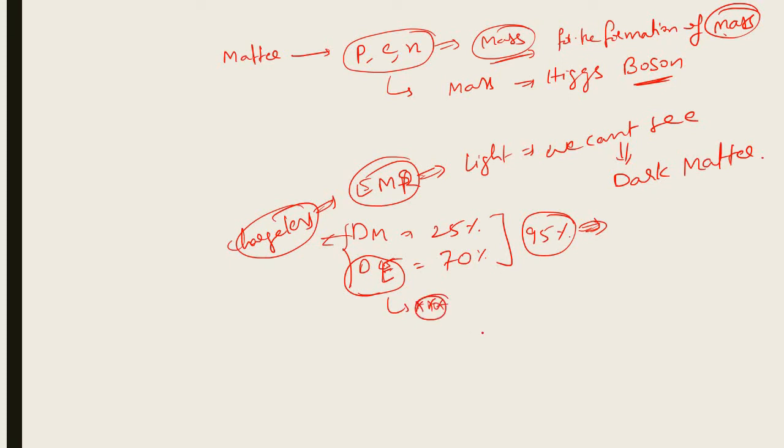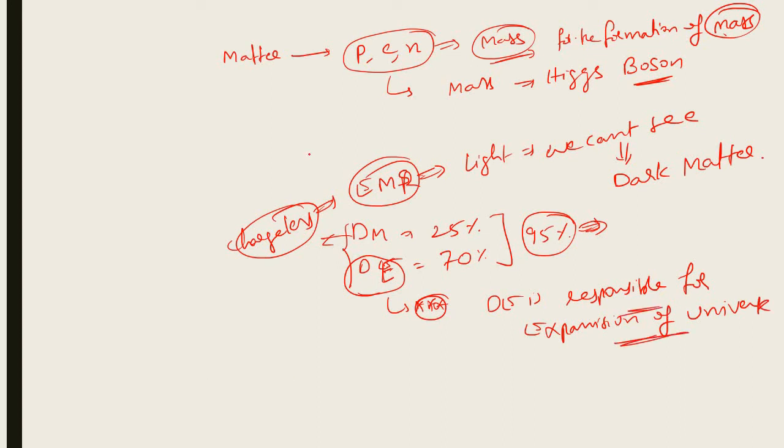Okay, and this is very, very important. Remember it from a prelims perspective. Dark energy is responsible for the expansion of the universe. This is very, very important. See, initially what scientists believed was that after the Big Bang, the energy was spread and the universe started expanding.